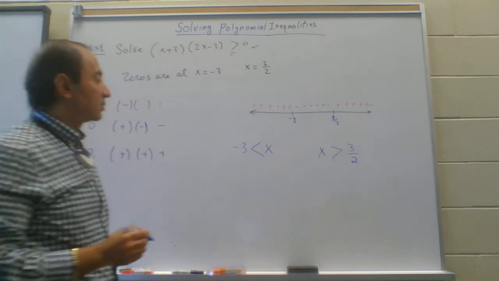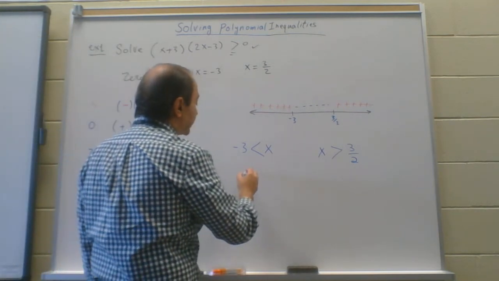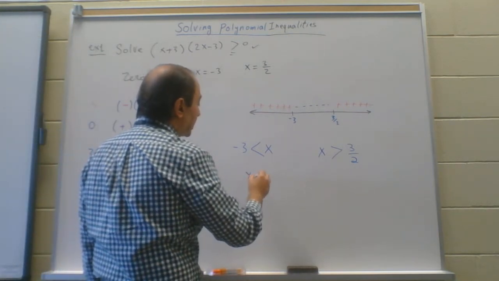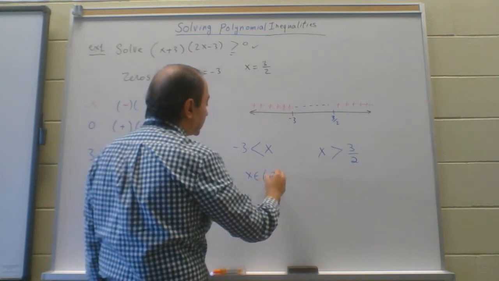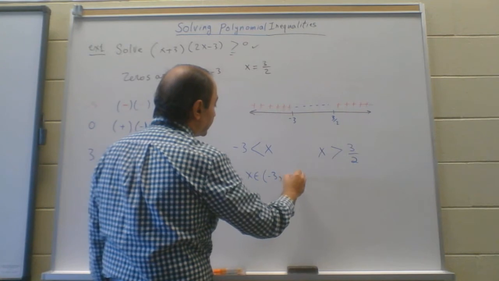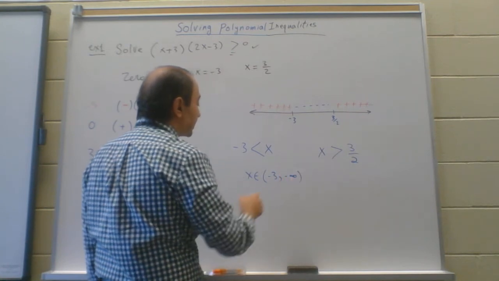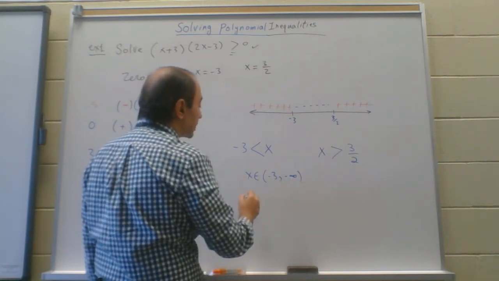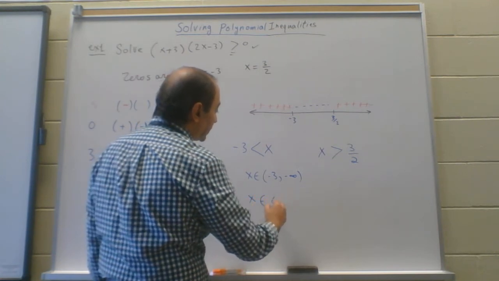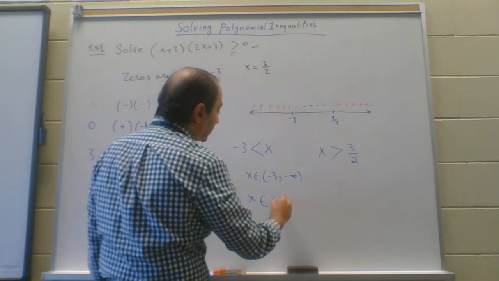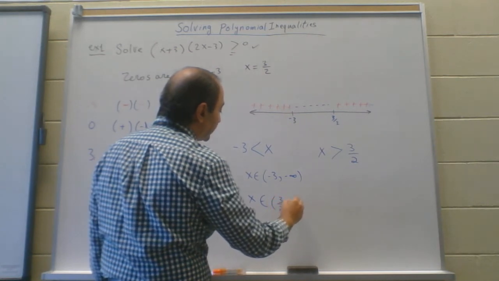Another way to write it, you can write x belongs to (-infinity, -3), and we put that in round brackets because we don't include the borders, and x is an element of (3/2, infinity).